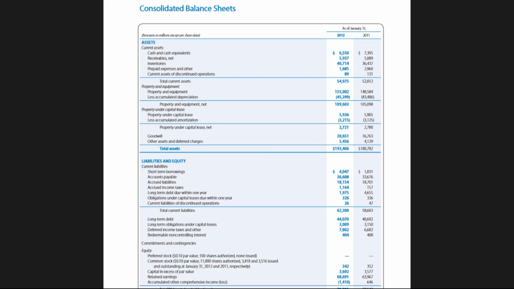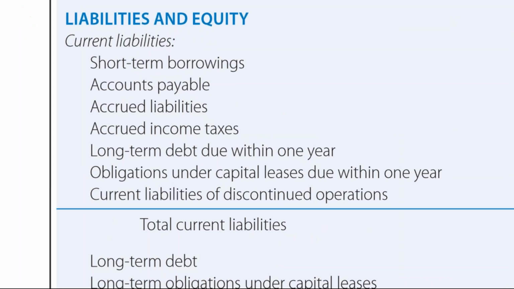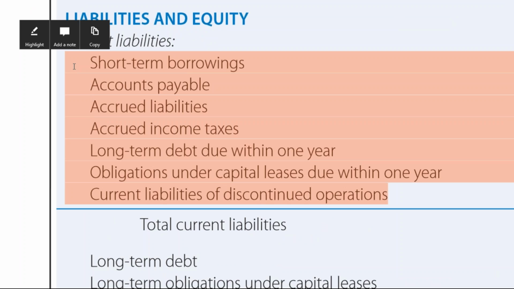On the liability side, which of these are working capital? These are all current liabilities. Which of these are related to our operating working capital? What would you include? Accounts payable? Accrued liabilities? Income taxes? That's it. Everything else is debts, short-term. This is debts.